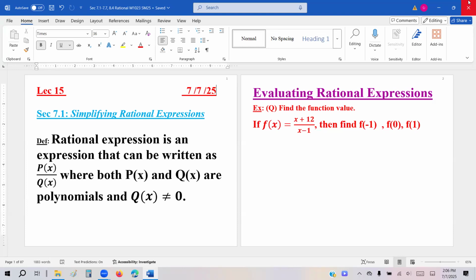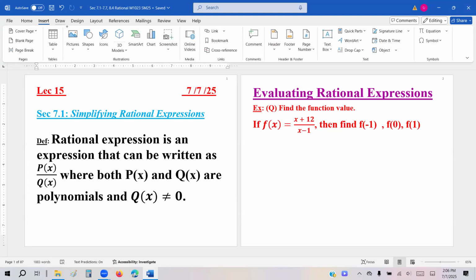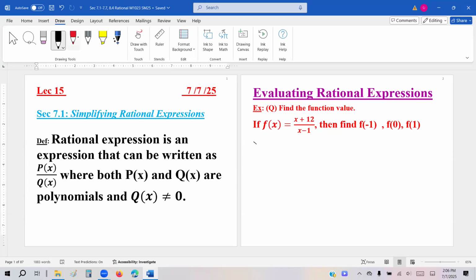First thing is easy. We have f of x equal to that, and we want to find f of -1. It means all the x you see in the function, just replace them with -1 and then simplify. So we have -1 plus 12 over -1 minus 1.